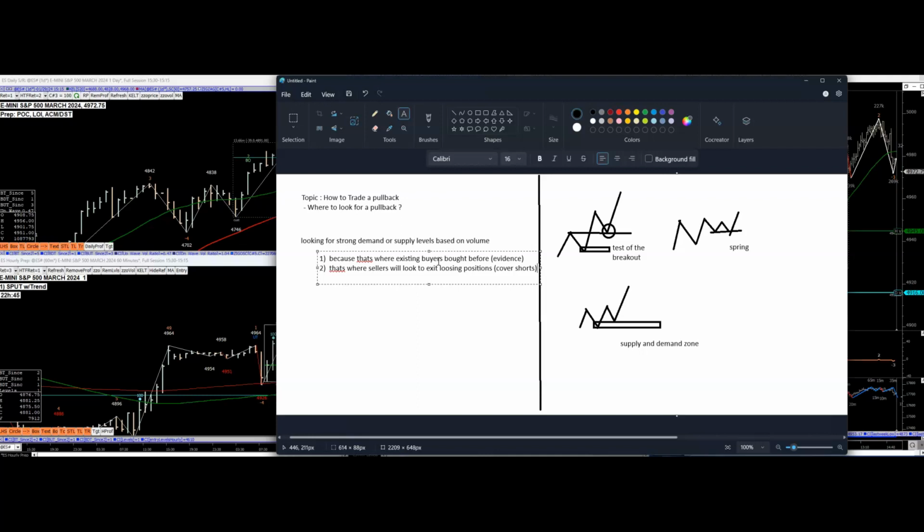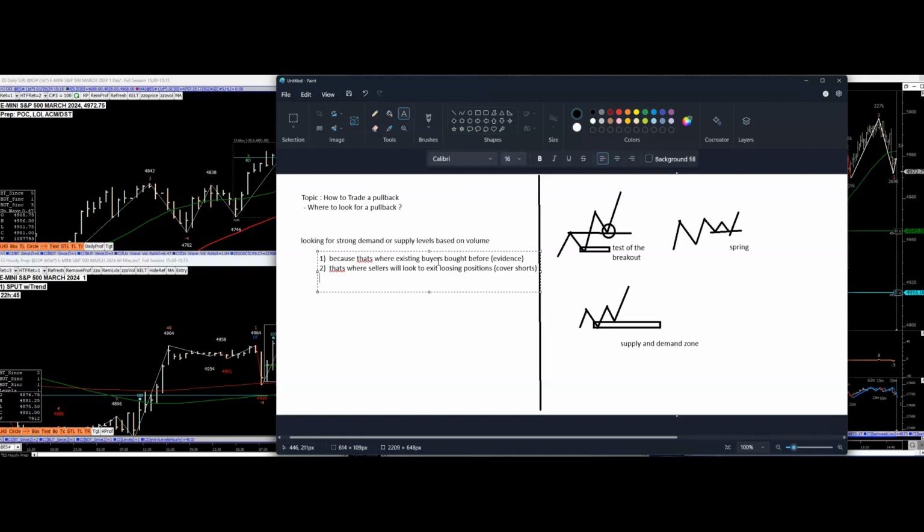So when price comes back to that level, you don't know if those existing buyers are going to add to their position. You don't know, I agree. But what you do know is that sellers will look to exit their losing positions to break even, because they've been underwater, right?